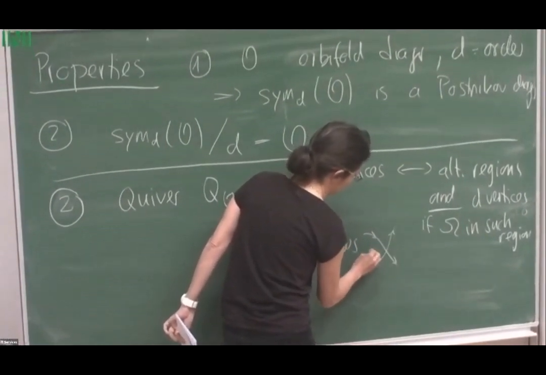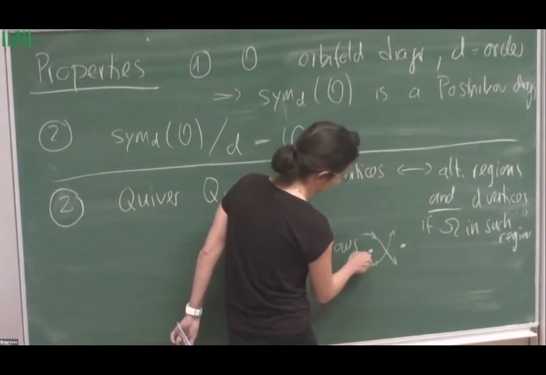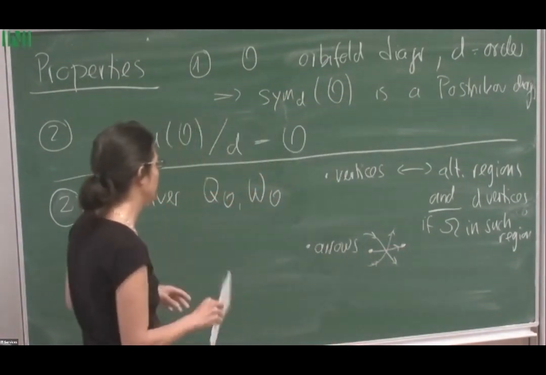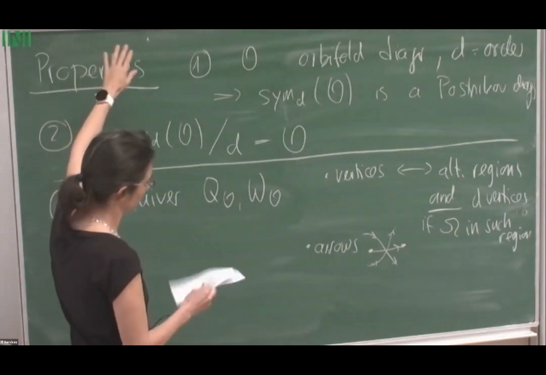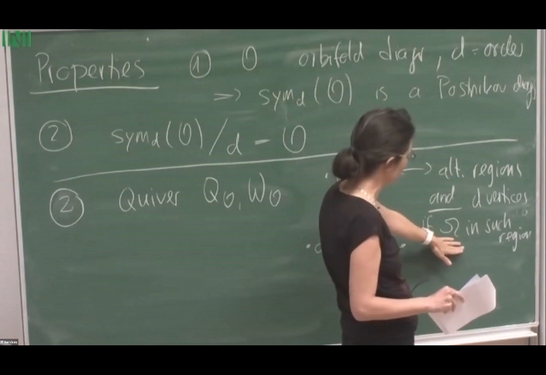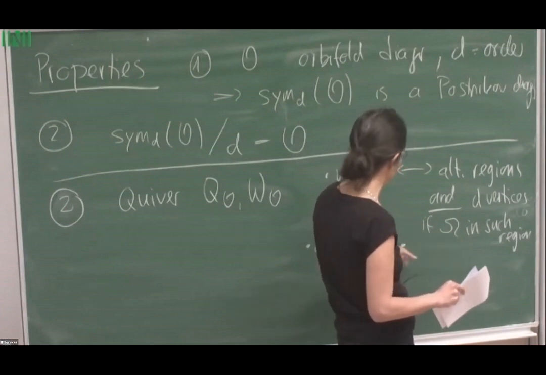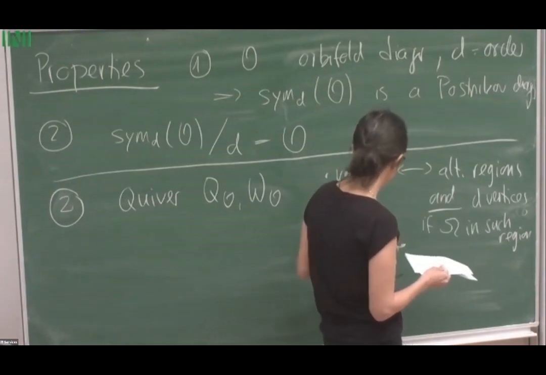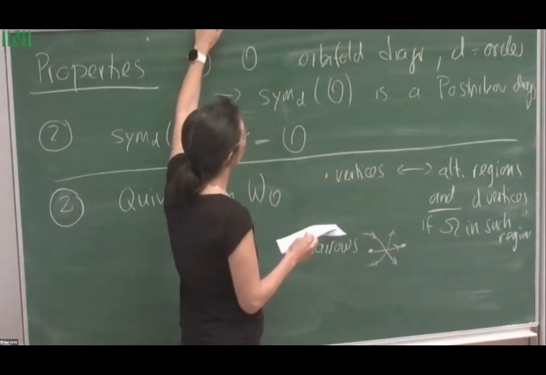So in the quiver, I would have vertices in the alternating regions, and then I orient the edge according to the orientation of the strands. So that's basically what it is. If omega is in an alternating region, we get D paths going through in parallel.